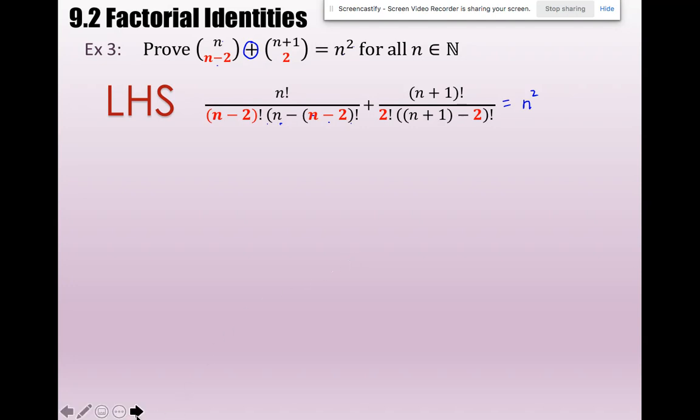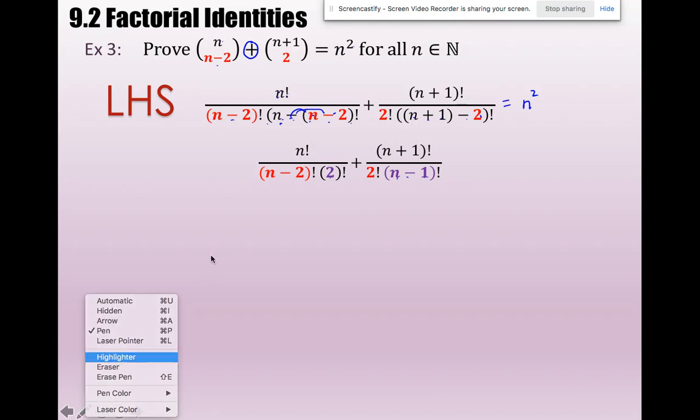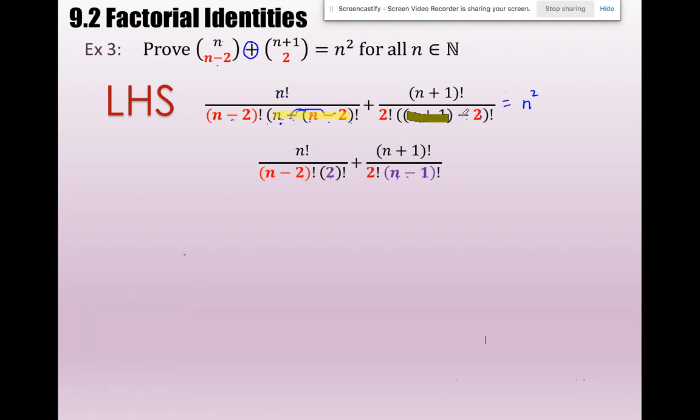Notice in my numerator I've got n plus 1 factorial, and then I have n minuses here. The first thing I did was n minus n, and then plus 2, that's where this 2 factorial came from. N plus 1 minus 2 is where n minus 1 came from. So that was the first thing I attacked. I just simplified those, and that's where the 2 factorial and the n minus 1 factorial came from.